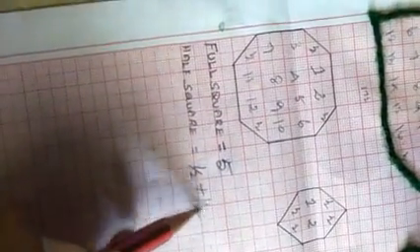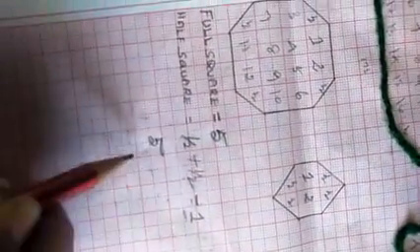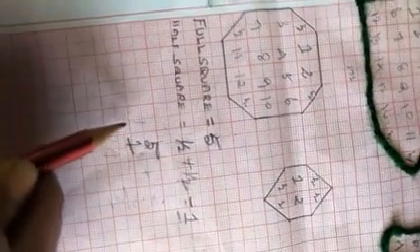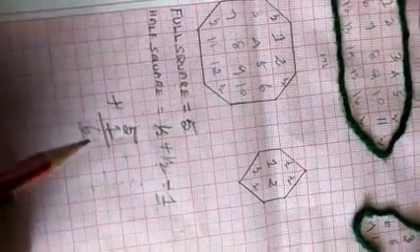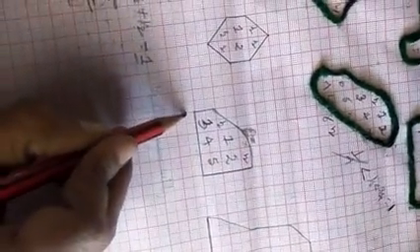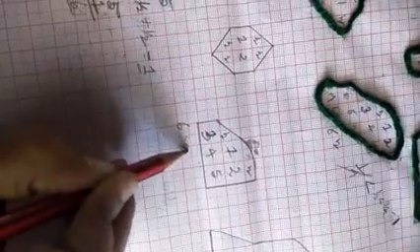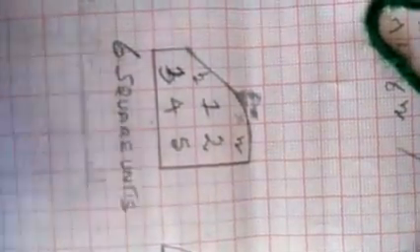Or else half plus half is 1, then full squares we have 5, the half squares give the result 1. So 5 plus 1 is 6. So this irregular shape has 6 square units. The area of this irregular shape is 6 square units.